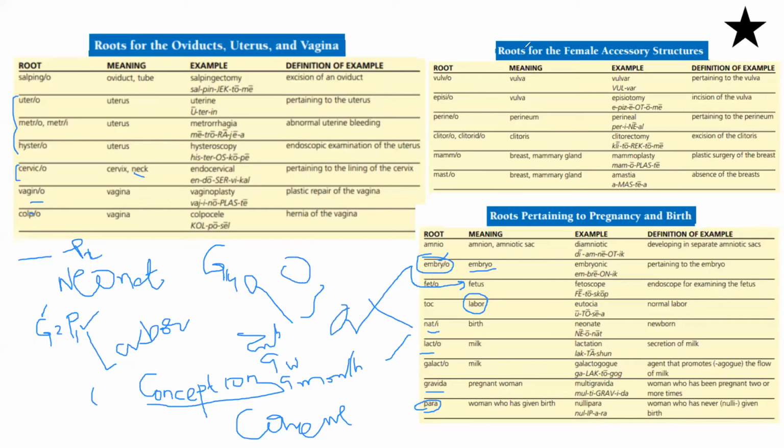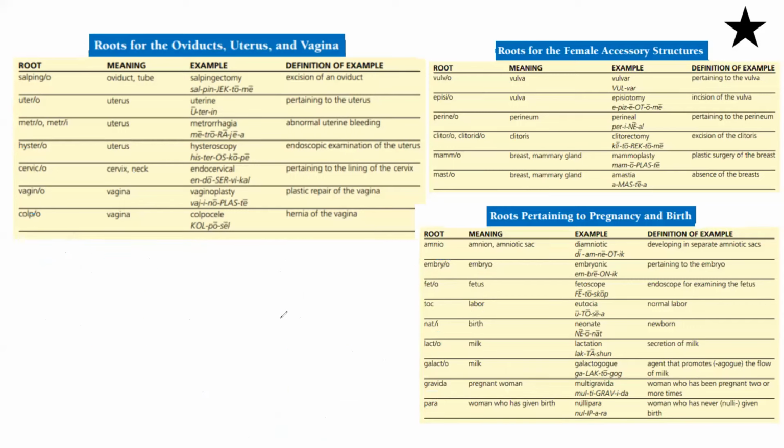You will see it again. So these are the terms for parity from parenthood. How many times she has given birth to the child? How many times she has become pregnant is gravida. Did you understand this, please? So these terms we will use again and again. So let us see further.